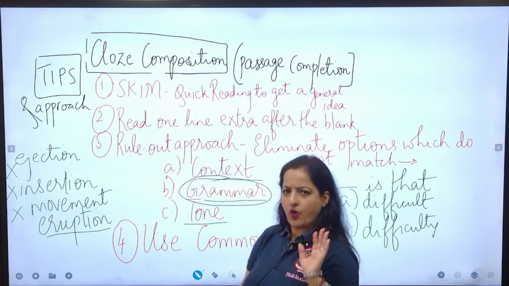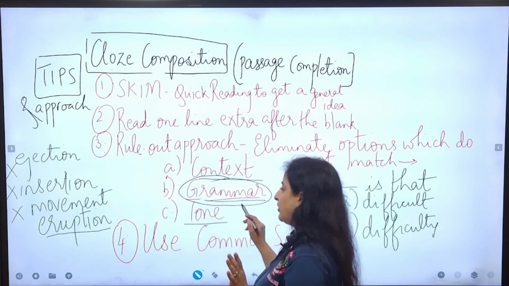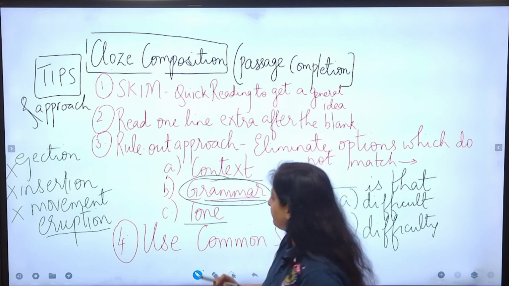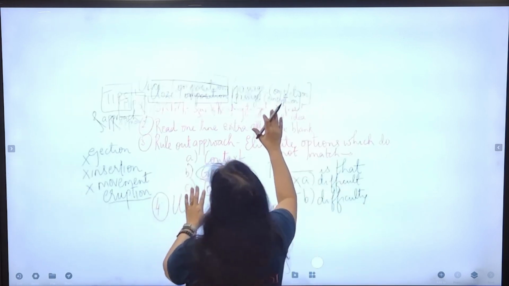I think I can add one more tip. Although I did talk about grammar, but that tense point, I will just specifically write it as the 5th tip. It's important because I'm going to highlight that.